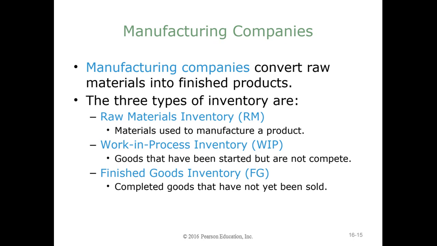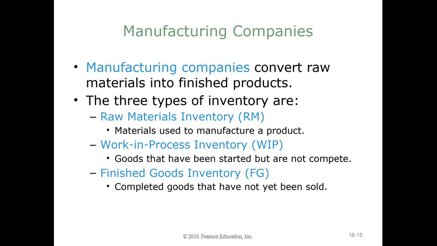And you'll notice that the formula is slightly different for merchandising companies and manufacturing companies. For manufacturing companies, that's the one I just ran through with you, and we're subtracting out our ending finished goods inventory. But merchandising companies' is a little different.